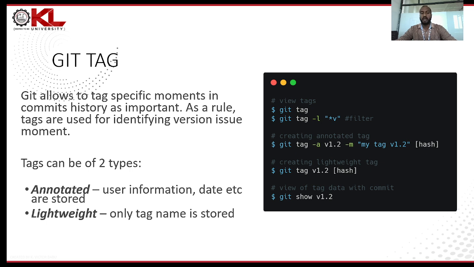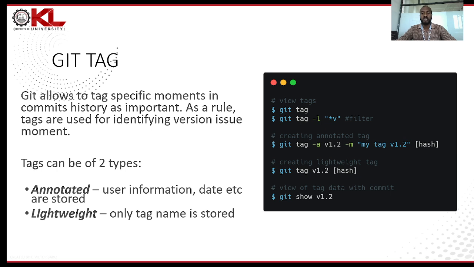If you want to create an annotated tag, you write git tag -a v1.2 -m, and then give the message, my tag, version 1.2. Whereas to create a lightweight tag, I just use git tag followed by the name of the tag. That is the only difference in the way we create the tags.